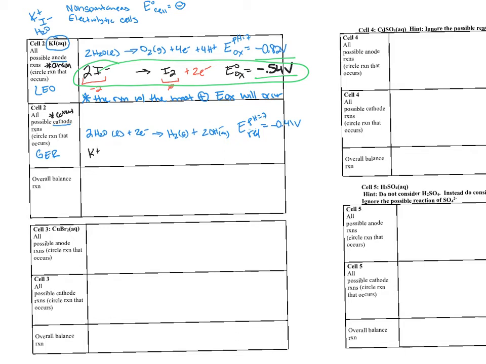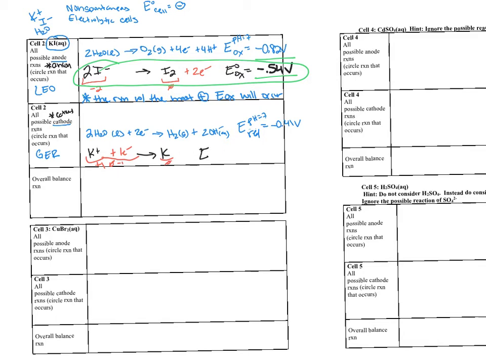Now we're going to do the same thing for potassium. Potassium is going to form the elemental form, which is K solid. Got one K on both sides, so that's balanced. Plus 1 on the left, 0 on the right. I need them to be the same, so I add 1 electron because electrons come in as negative. Plus 1 and negative 1 gives me 0. They're balanced.